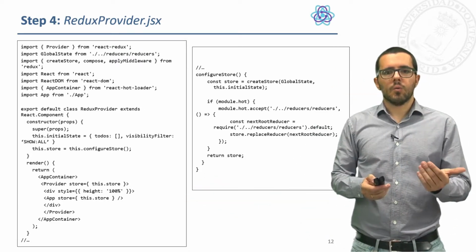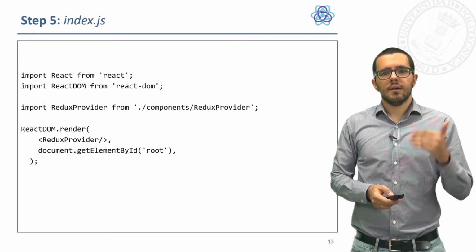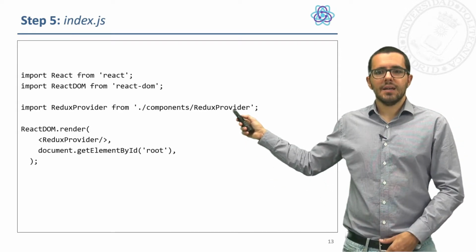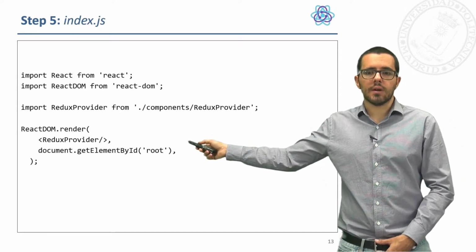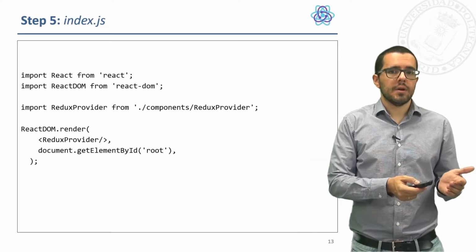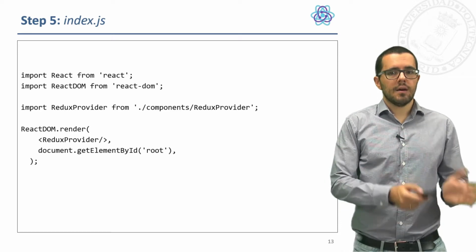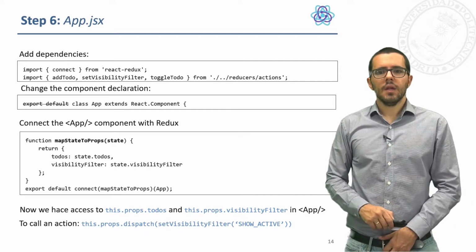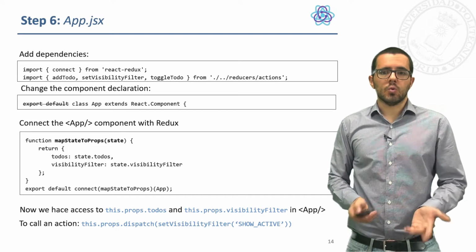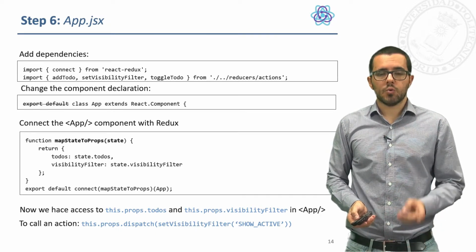And we will now have to modify index, because this is the component that we are going to render. We are not going to render our app anymore because we render Redux provider and it has our app inside. And finally, we have to modify our app to connect.